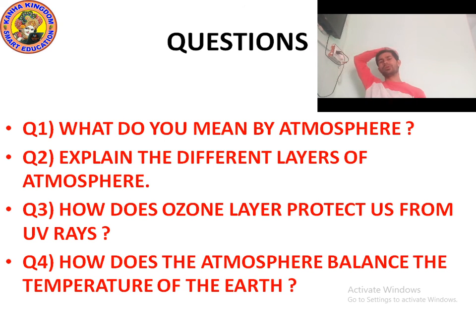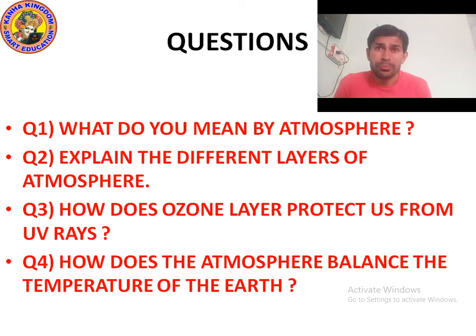Now, question number four. How does the atmosphere balance the temperature of the earth? In atmosphere oxygen is available, and oxygen is necessary for living, and carbon dioxide is necessary for plants for making food.